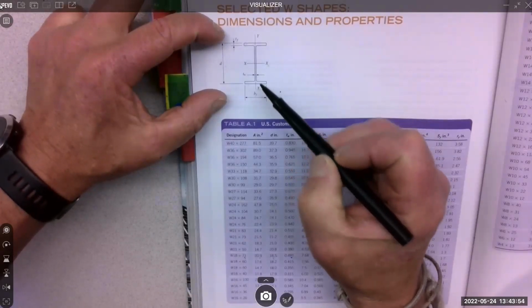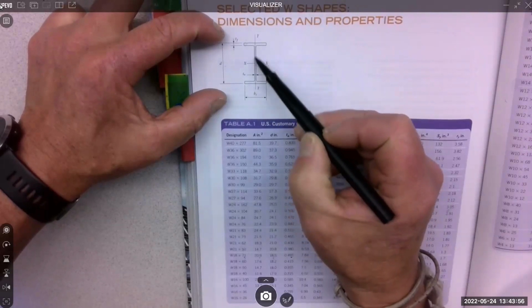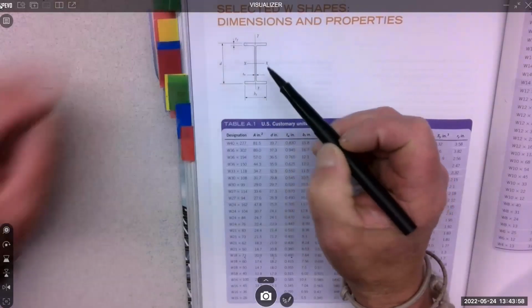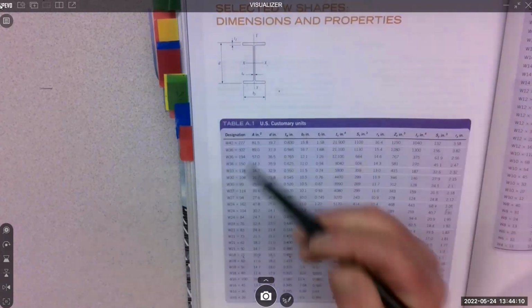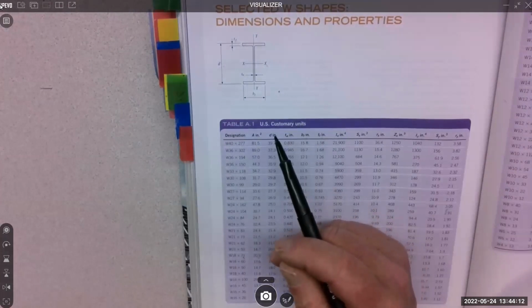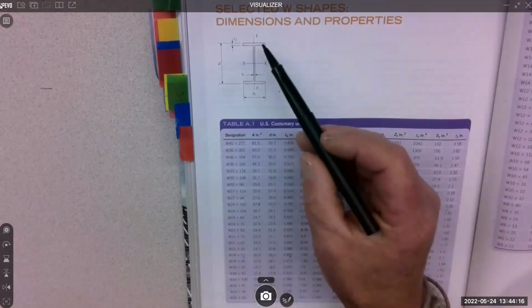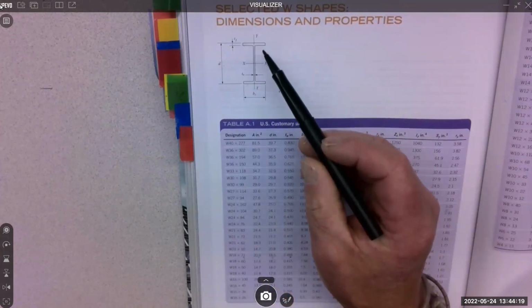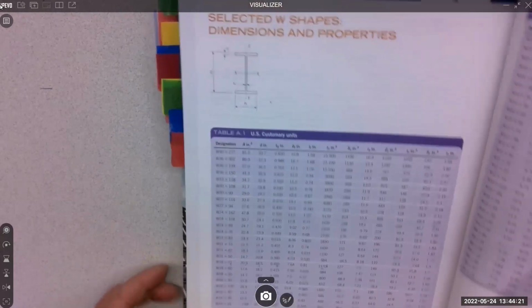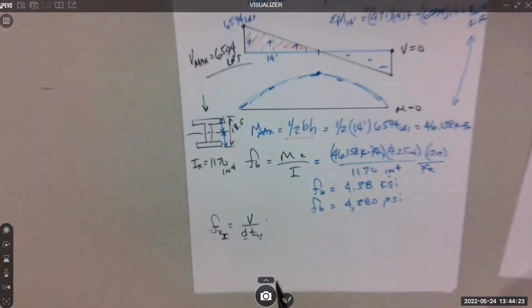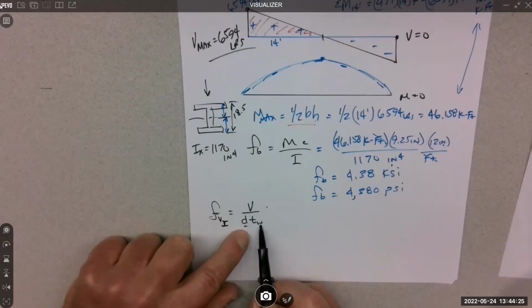This is called the web. This is called the flange. So essentially the area that we're using is the depth times the thickness of the web. It's this long rectangle right in the middle. Well, that long rectangle is like 96% of the shear strength of the whole thing. The flanges don't help us much at all. So that's how they do this, they just give us an area that is the depth times the thickness of the web.